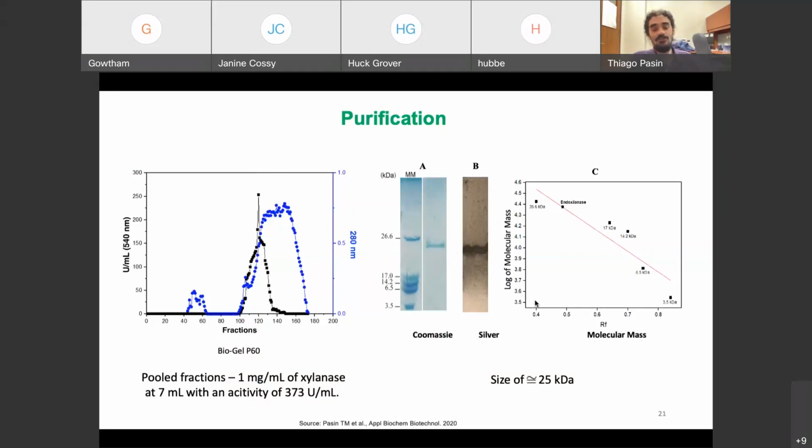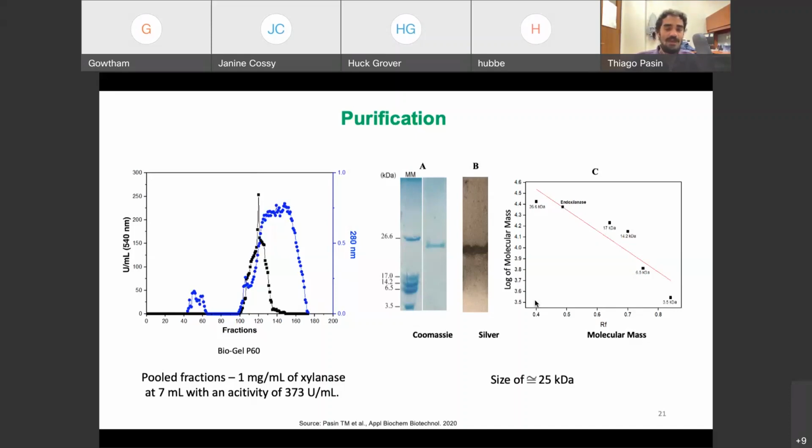So we got the enzyme from the media, and then we started purification. We used Biogel P60, which is a size exclusion chromatography, and we got at the final purification 1 milligram per milliliter of xylanase and 7 mL with an activity of 373 units per mL.